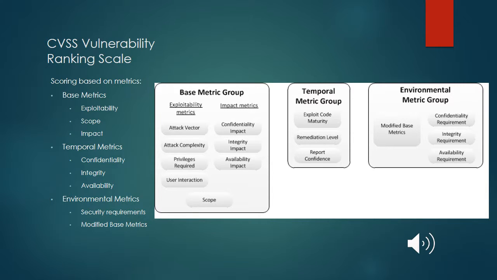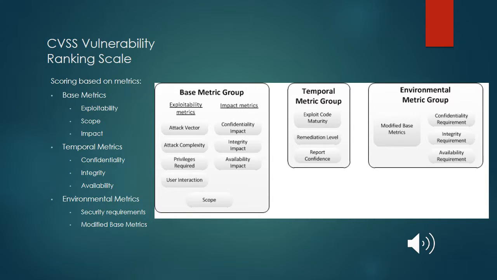The temporal metrics are used to express the exploit code maturity. This is to say that over time, as an exploit gets recognized and built against, the longer an exploit is known to be in the wild, the less likely it is to succeed, because there's more of a chance for systems to be patched.